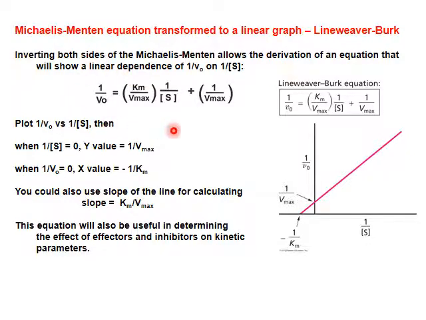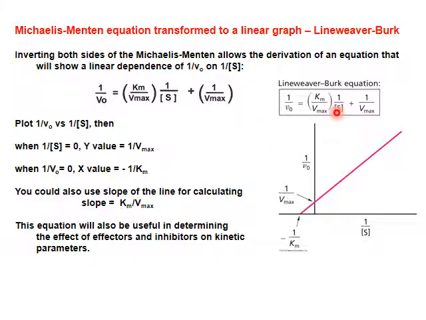You end up with this linear expression, which is 1 over V0, that's your Y, equals M, which is going to be your Km over Vmax, times X, in this case 1 over S, plus B, 1 over Vmax. So that's shown over here on the right. This is your Lineweaver-Burk linear transformation of the hyperbolic Michaelis-Menten equation. And you have a linear plot now. Your slope is going to be Km over Vmax. Your y-intercept is 1 over Vmax.